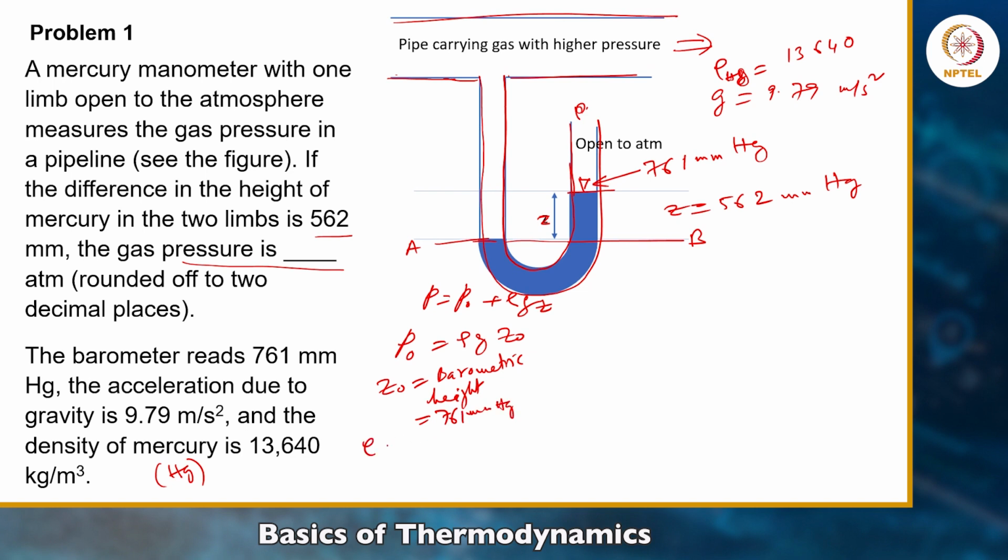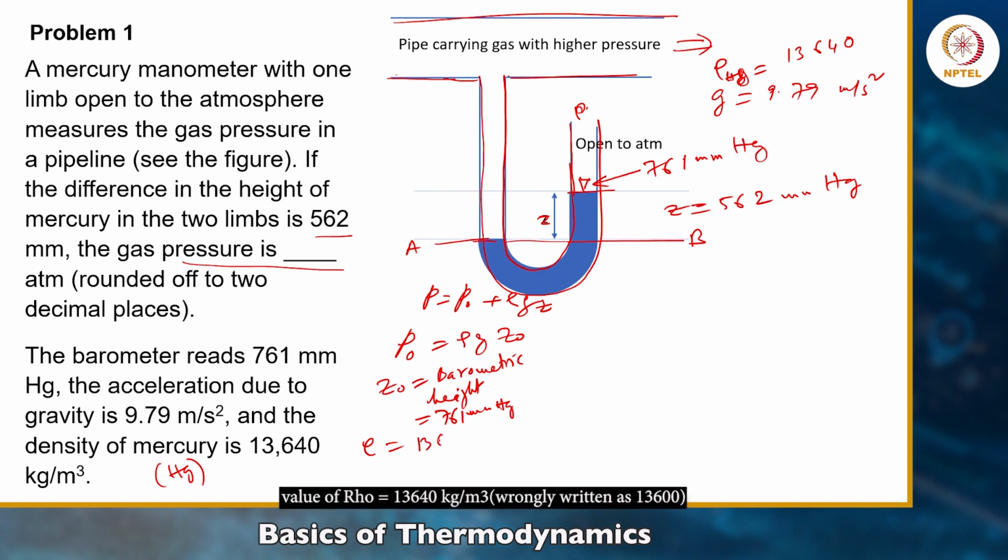Rho is 13600 kg per meter cube, and P0 is the atmospheric pressure.